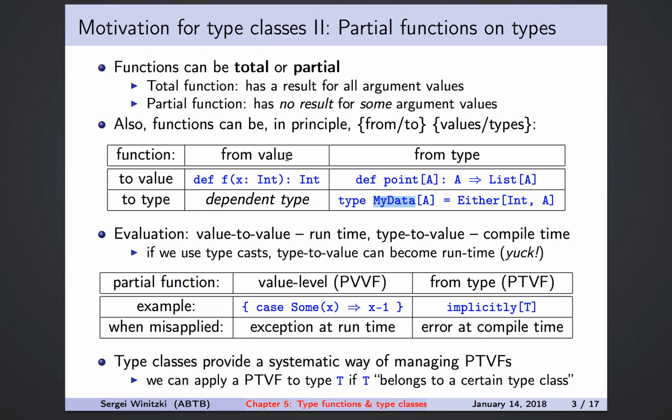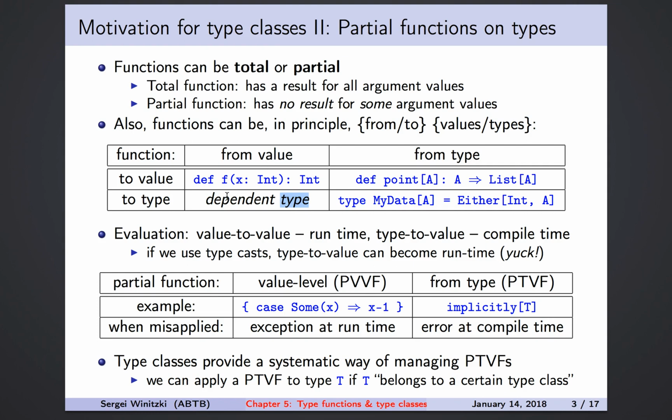And there also is a function from value to type in principle. Now, in Scala, it will be quite hard to come up with useful examples of this sort, because these are actually dependent types. So this kind of function is called a dependent type, which means that it's a type that depends on a value.